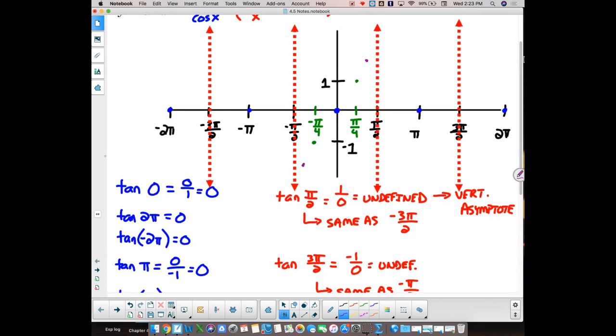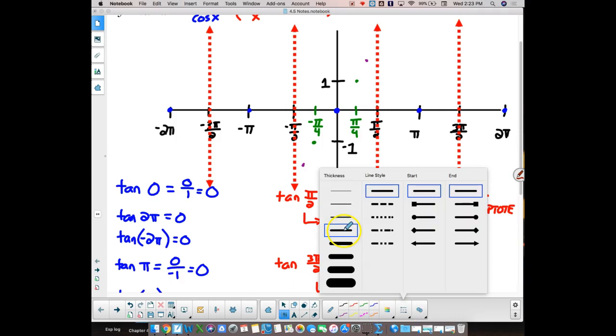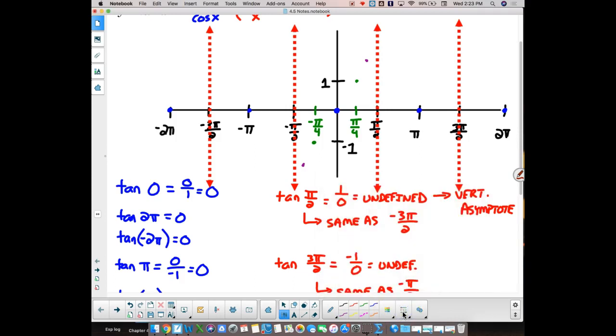So I think we can say with some fairly good authority that this sector of this graph looks like that. Would you agree with me?